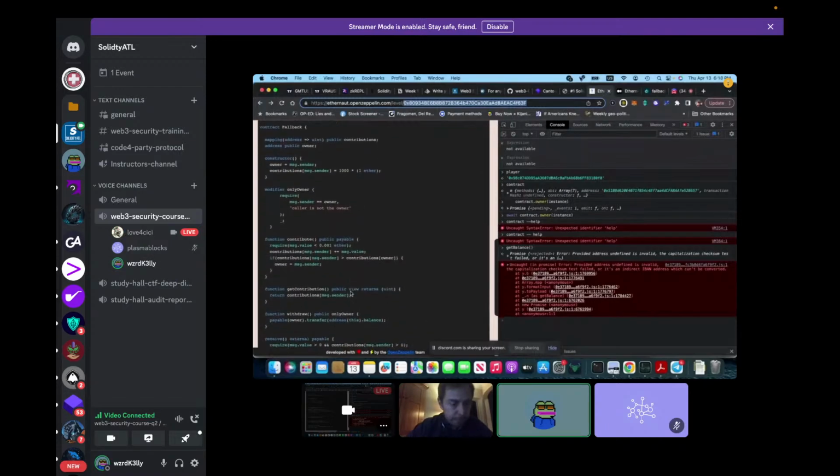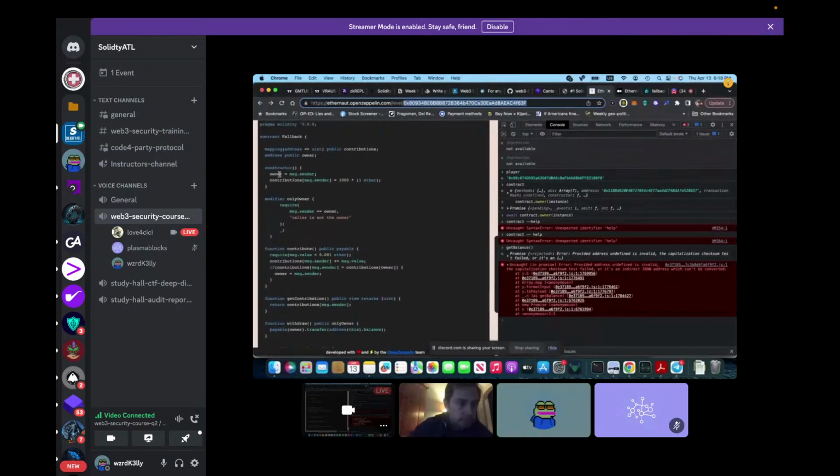So in that constructor, this is a piece of Solidity. This may help with solving the problem. When that constructor is called, the first person who initializes this contract is going to become the owner, and they're also going to contribute about 1,000 ether to their contributions, right?